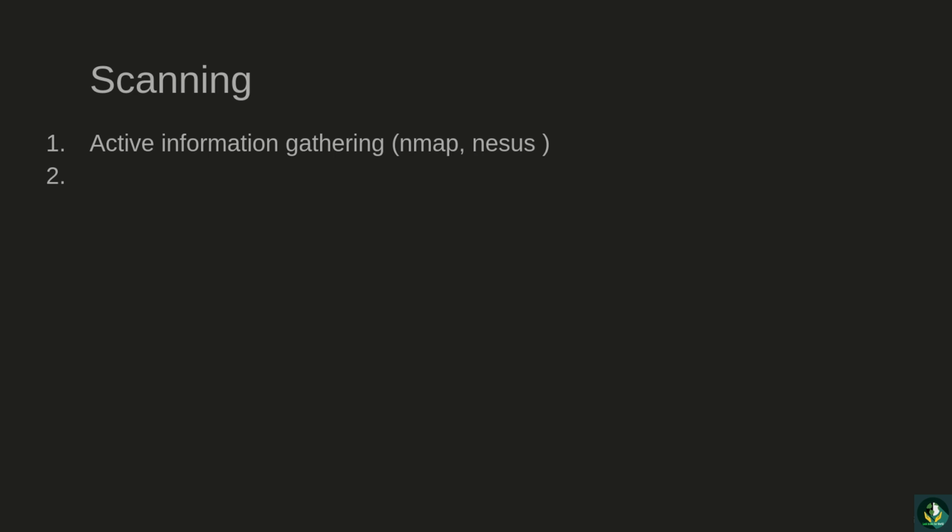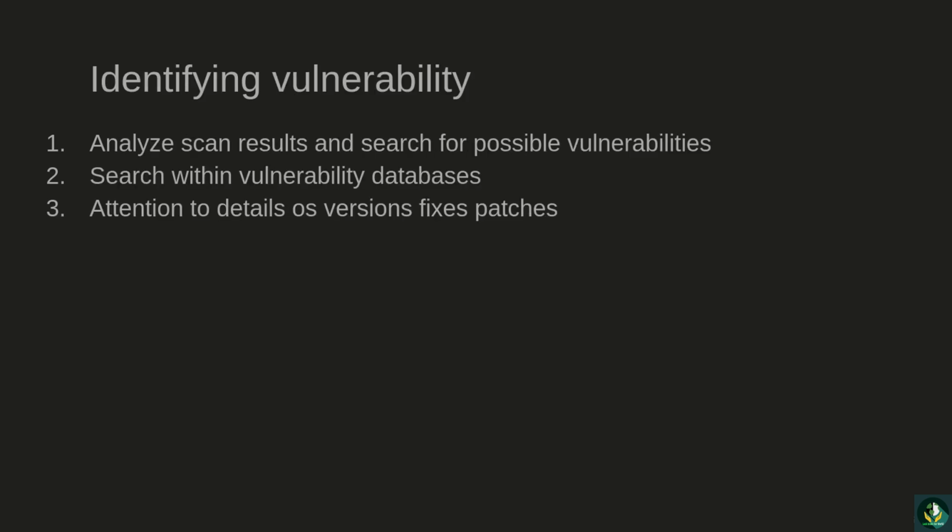Nessus is a kind of paid software that we are maybe not going to use, okay, no problem. And in the scanning part, you actively start scanning the system. So maybe the owner of the system will understand this, okay? Maybe not. The next one is to find the vulnerability, okay?